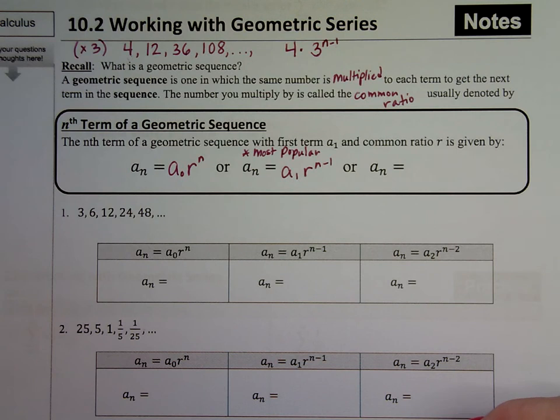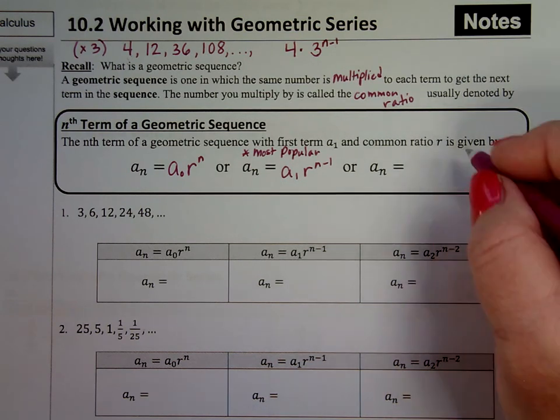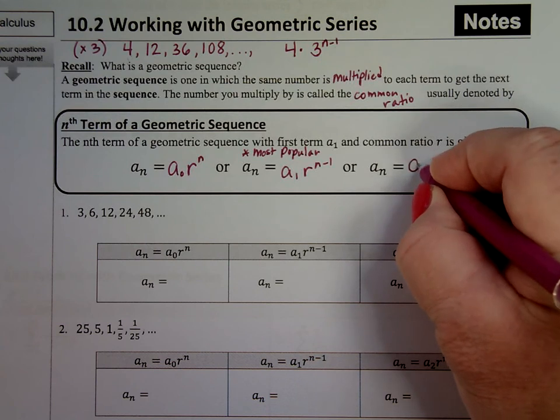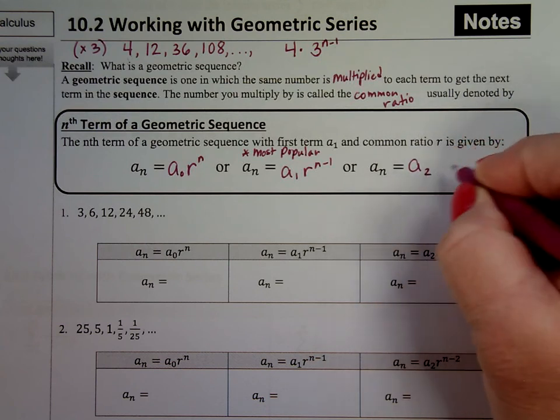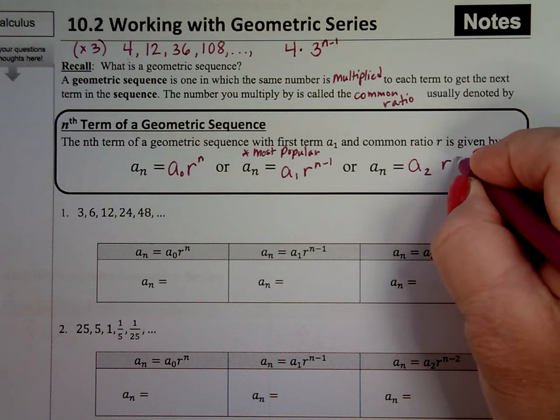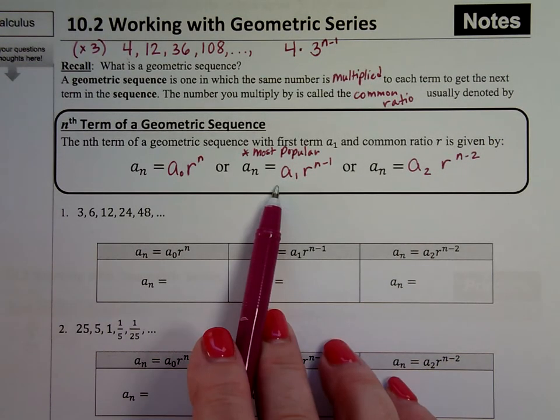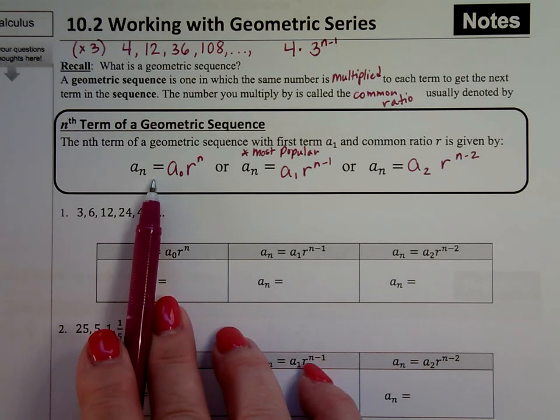That's like the one we just saw up above. Or sometimes they can give it with the first term being 2, so a sub 2, based off the second term, r to the n minus 2. The one that is most popular is the middle guy. Next most popular would be this first guy.